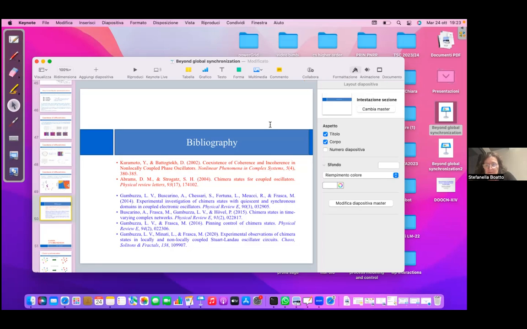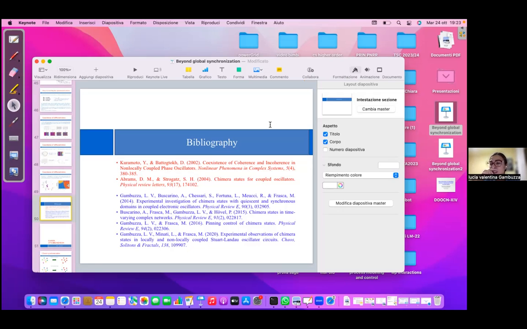Okay, it's very interesting, because I suppose that you can apply the setting of chimera state to a lot of fields. And there is one of them, the first motivation behind chimera state was related to the mechanism of unihemispheric sleep in some animals.